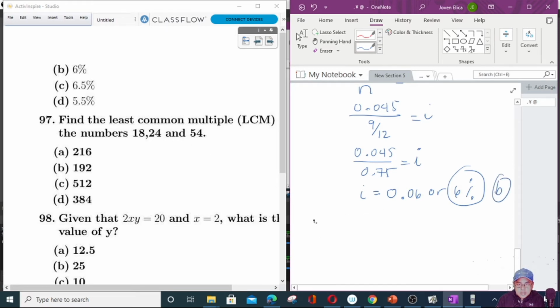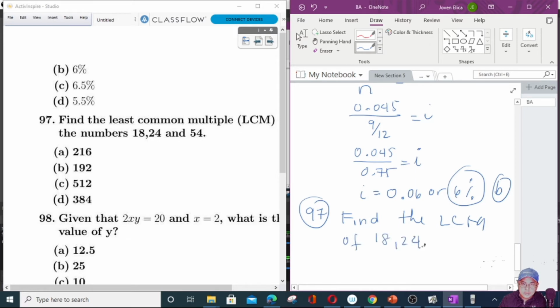Okay. Now 97. We are now in 97. Oh, this is very simple. 97: find the least common multiple, find the LCM of 18, 24, and 54.